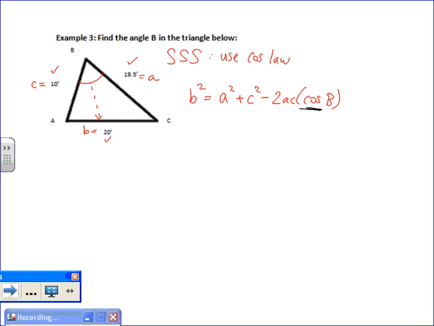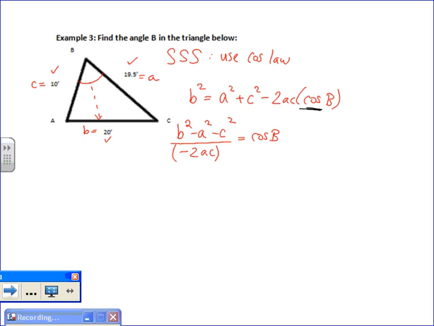So on the left-hand side, we're going to get B squared minus A squared minus C squared. And then I'm also going to divide by negative 2AC. So I'm doing this all in one step here. So cos of B is equal to B squared minus A squared minus C squared, divided by, all on the bottom, negative 2AC.